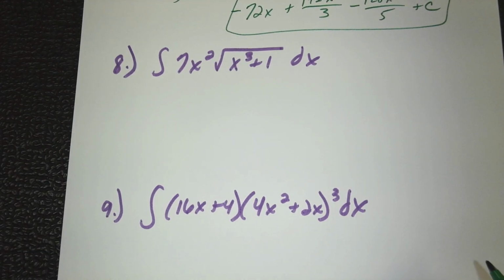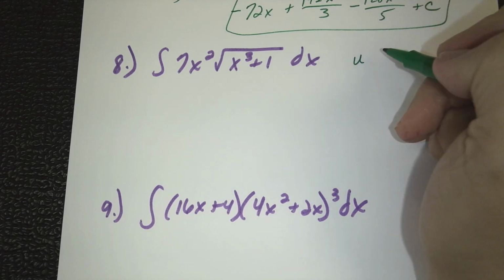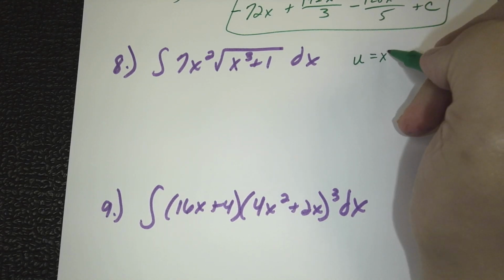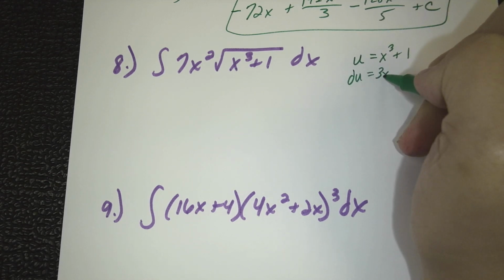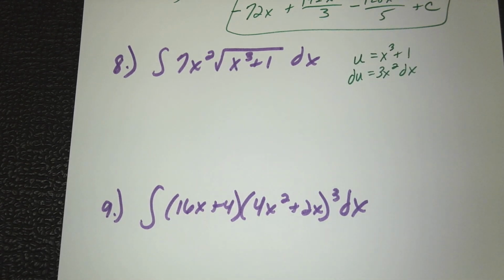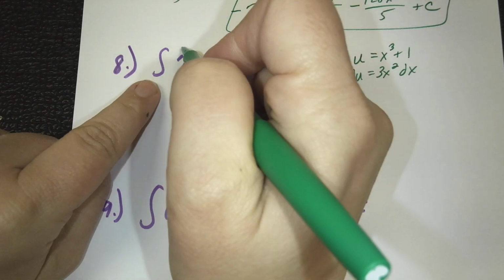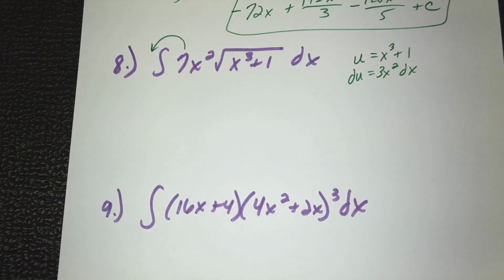Okay? So once again, what's my u? I take a derivative and I get, okay, stop, look at it. I have a 7. But do I need to worry about constants? Couldn't I have just taken that 7 on the outside?